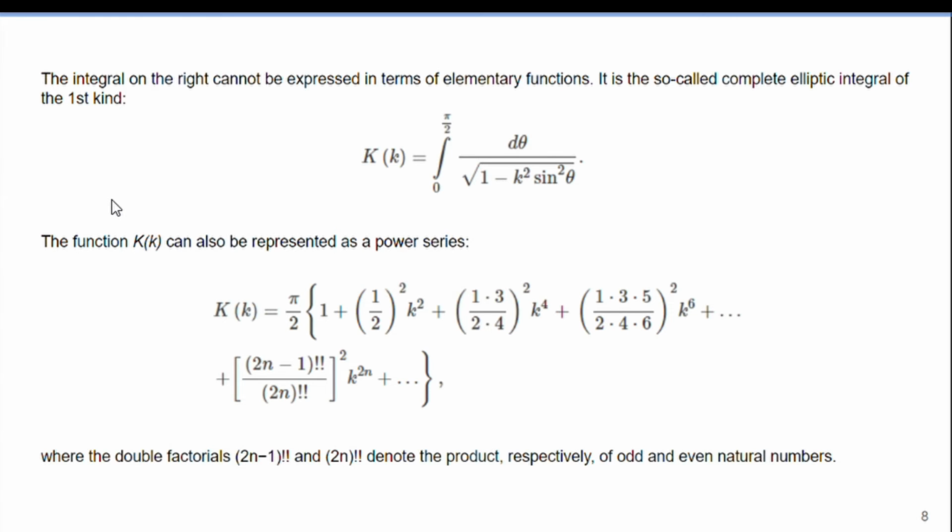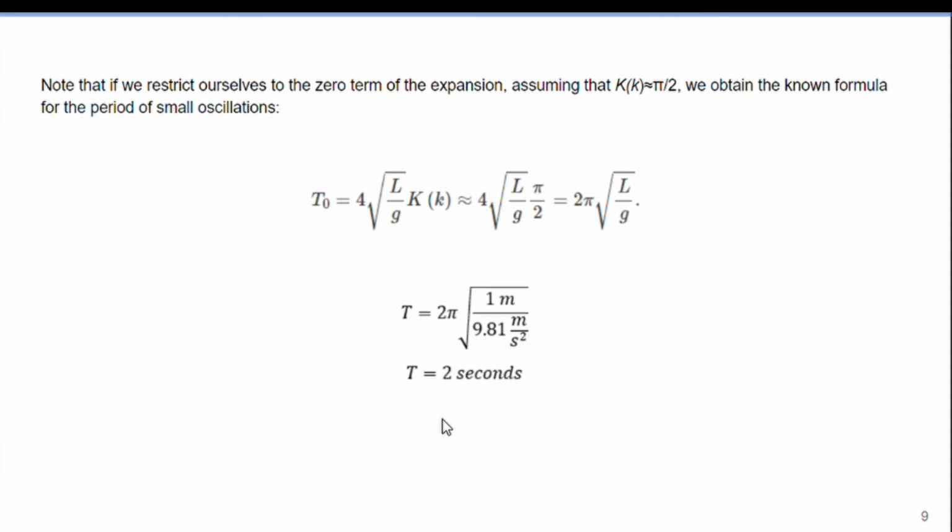And the function K can also be represented as a power series, and we can see the power series, where the double factorials 2n minus 1 and 2n denote the product respectively of odd and even natural numbers. Note that if we restrict ourselves to the zero term of the expansion, assuming that K equals pi over 2, we obtain the known formula for the period of small oscillations.